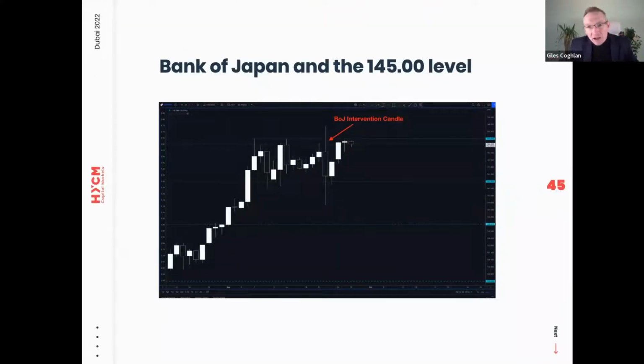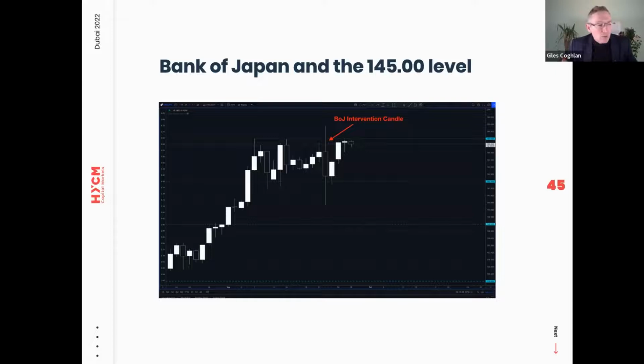Now, they haven't come out and said, because they're obviously sensible people, that they're defending a level. But they have been intervening a couple of times now around this 145 level. Generally speaking, you can't fight market forces forever. You can maybe push things a little bit, you can maybe hold back the tide, but eventually you have to capitulate to it. The Bank of Japan tried to defend the yen back in the 80s.